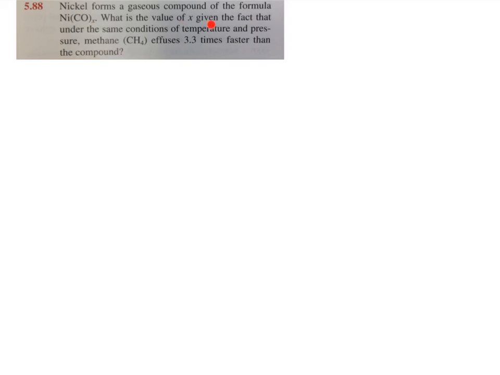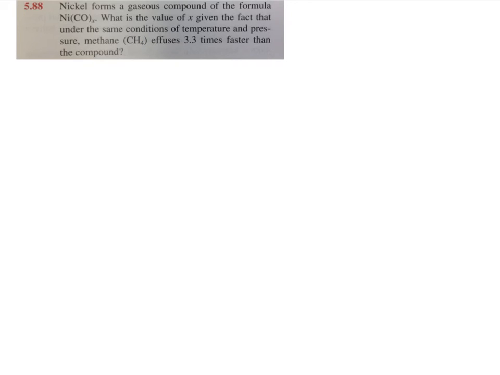What is the value of x, given the fact that under the same conditions of temperature and pressure, methane, CH4, effuses 3.3 times faster than the compound? So in this setup, we have two gases: nickel with x carbon monoxide, and methane.